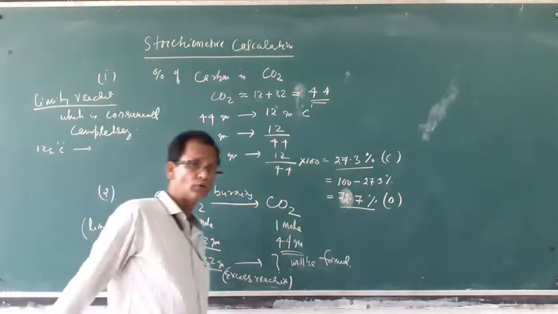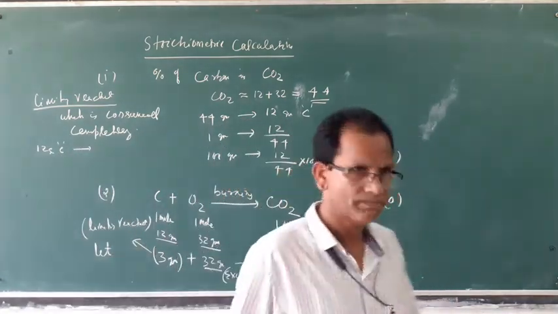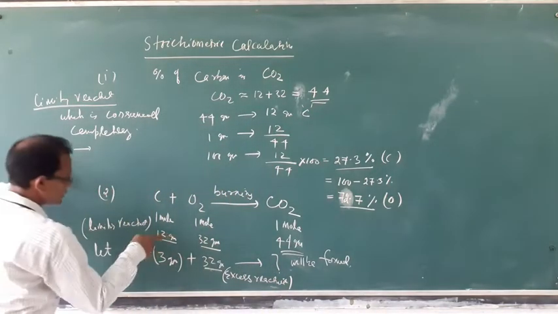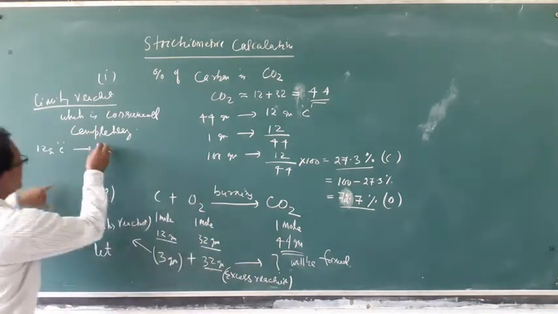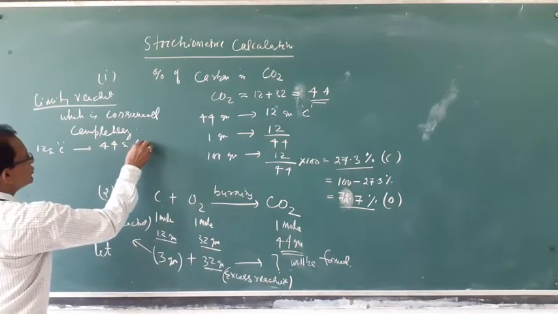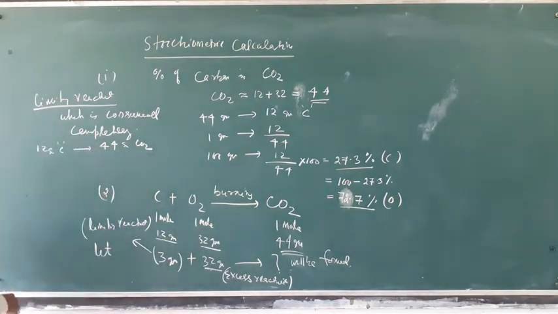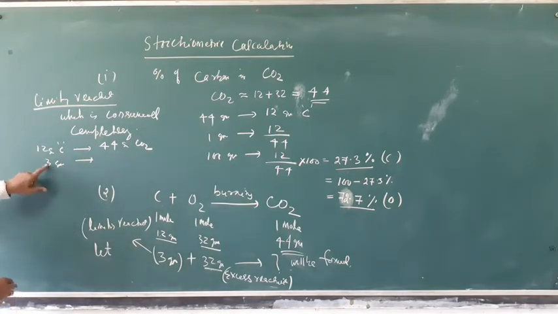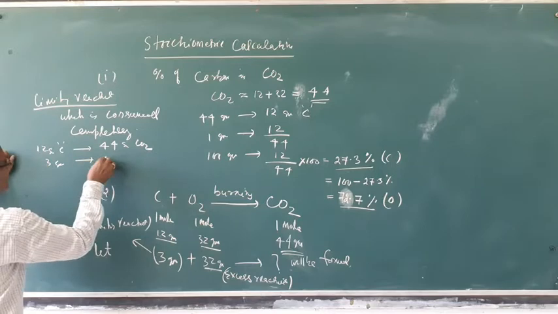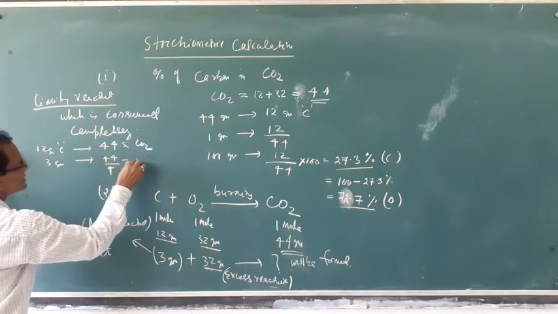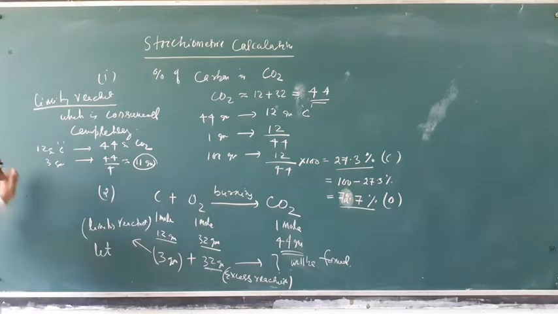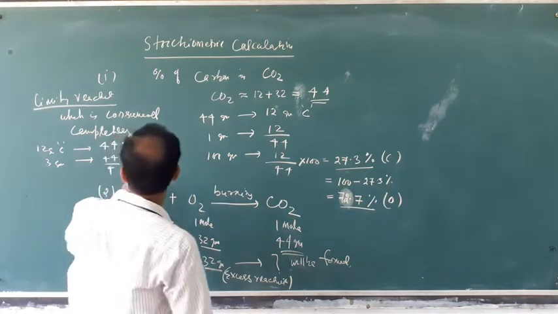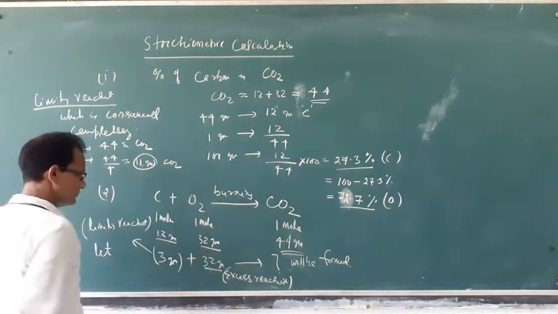The limiting reactant is always taken for the calculation. 12 gram carbon produces 44 gram CO2. But here it is 3 gram, which is 1/4, so it will be 1/4 times 44, that is 11 gram. So 3 gram carbon reacts with oxygen forming 11 gram CO2.